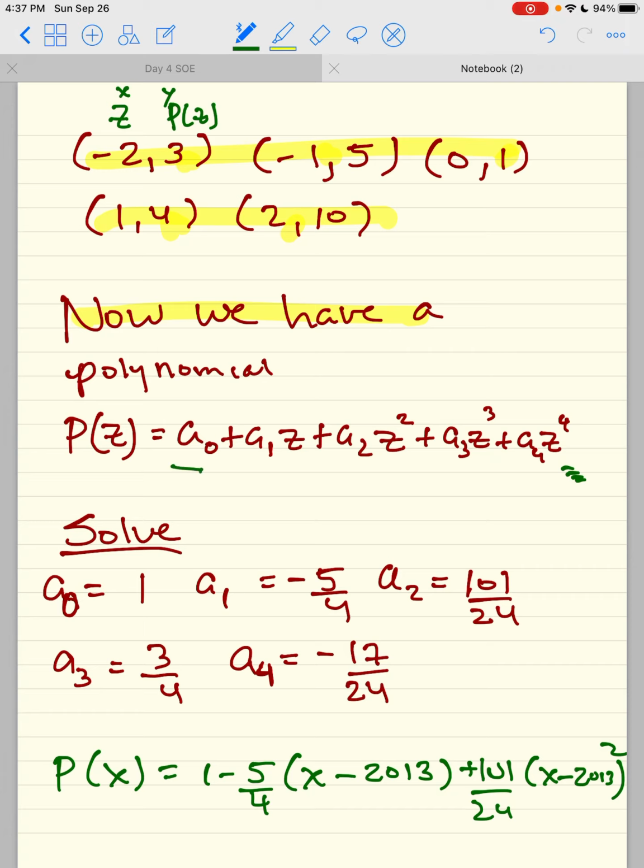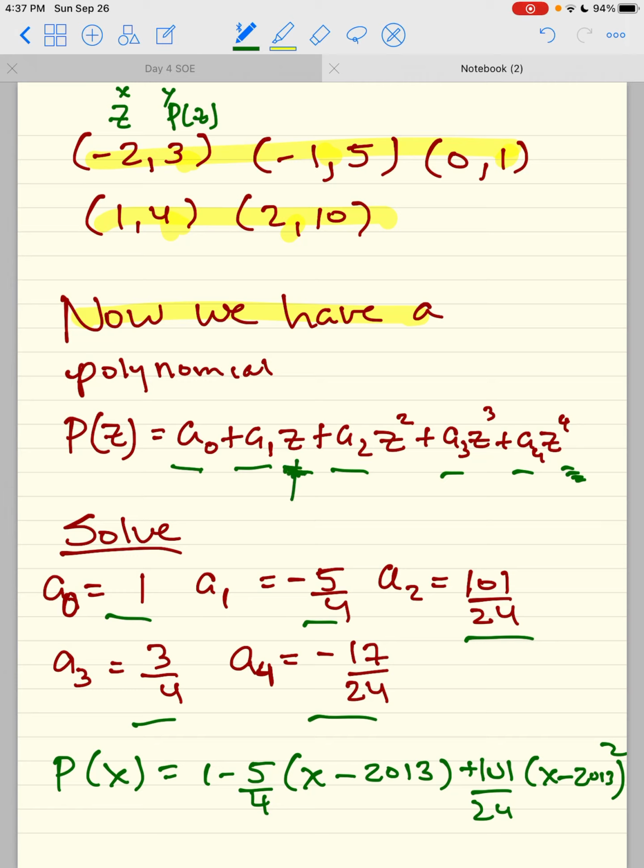So we're still solving for a sub 0, a sub 1, a sub 2, all these coefficients, okay? Once you put these into your calculator, or if you want to do it by hand and reduce it, you're going to get 1, -5/4, and so on. But these are for z, okay?